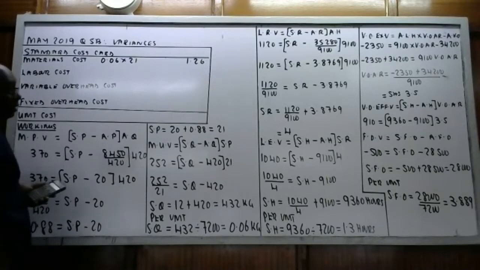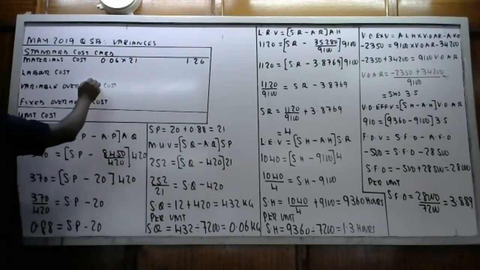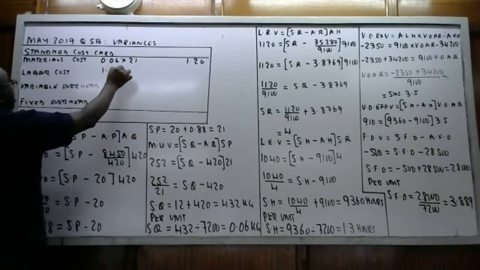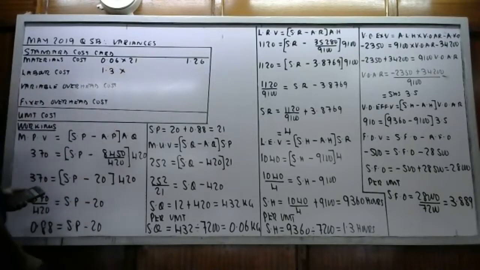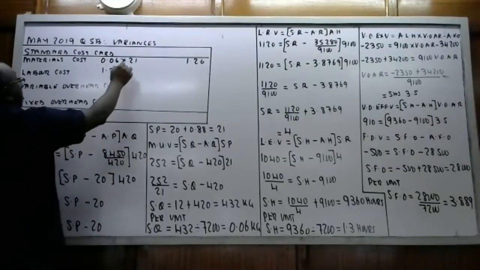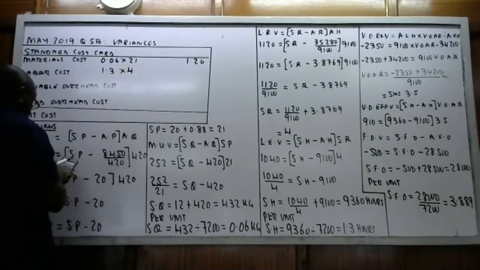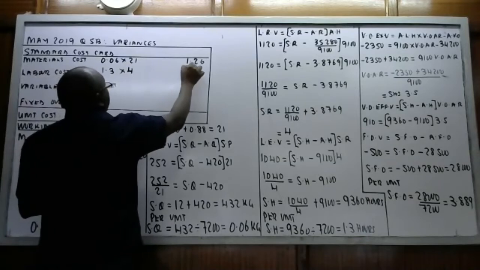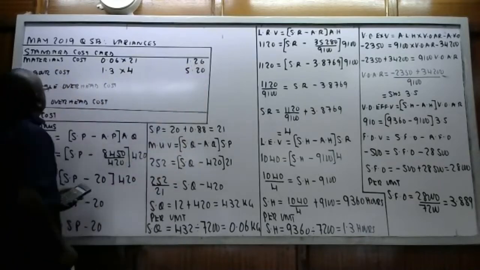Labor is you get the standard hours per unit, 1.3, multiplied by the standard rate. The standard rate is 4 shillings. So 1.3 times 4 is 5.20.